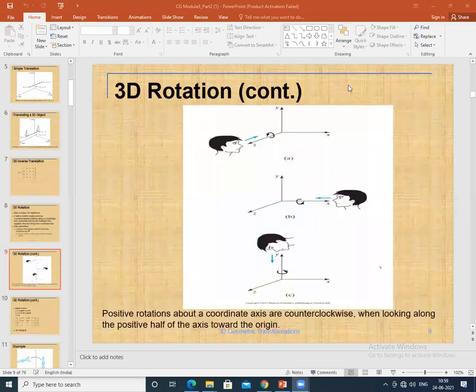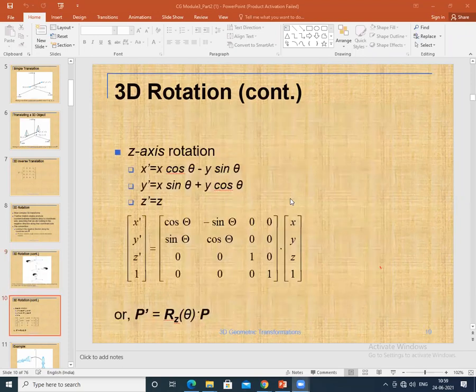So let me write this now. We are just representing this matrix. This is the z-axis, this is the x-axis, and this is the y-axis. For a positive rotation about the z-axis, we are writing the equations with the knowledge of two-dimensional rotation.